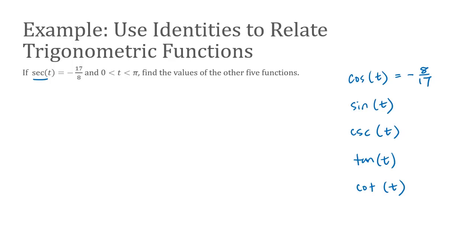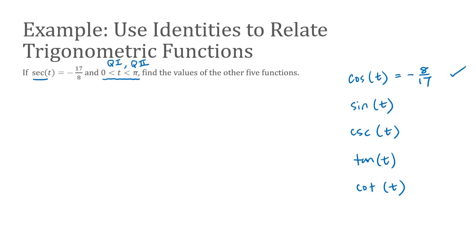It just changes the positioning of the numerator and the denominator. All right, so from here, let's see, what else are we being told? We're being told that the angle is between 0 and pi. So that told us that we were going to be in quadrant 1 or quadrant 2. But we just found out that the cosine is negative.